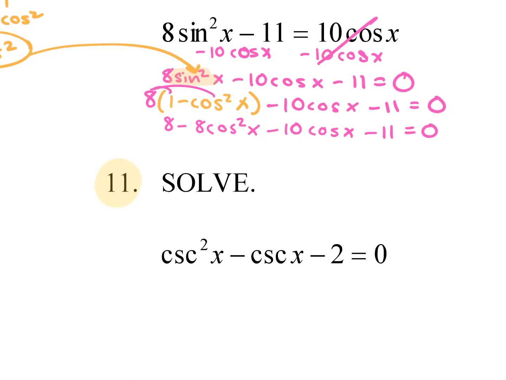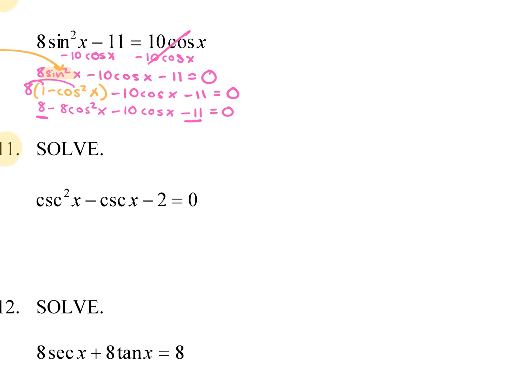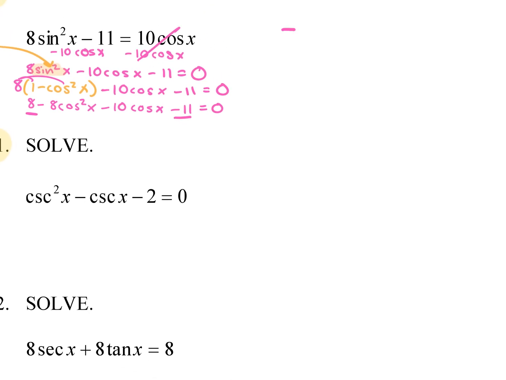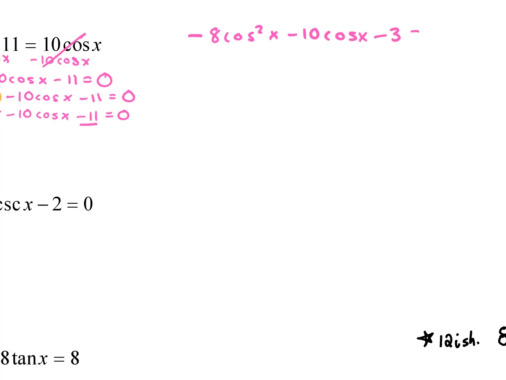What else could we do? Combine like terms. 8 minus 11 would be what? Negative 3. So we have negative 8 cosine squared x minus 10 cosine x minus 3 equals 0. What could we do next?